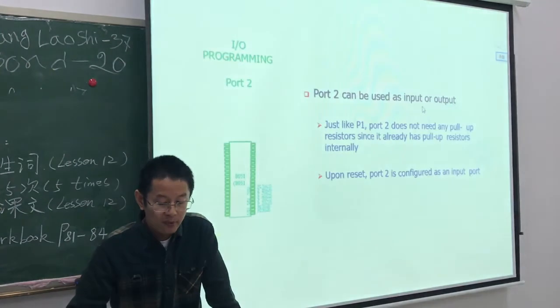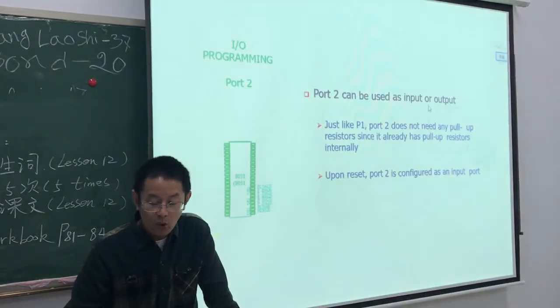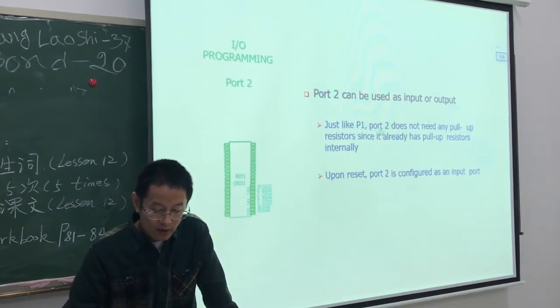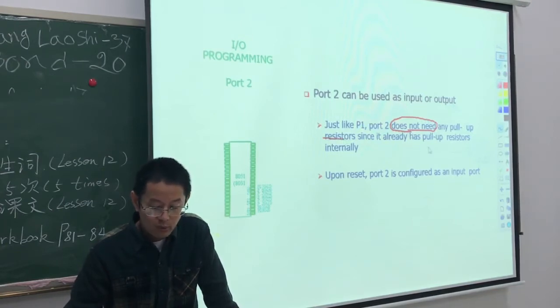Port 2 can be used as input or output, just like port P1. Just like P1, port 2 does not need any pull-up resistor. It already has a pull-up resistor internally.